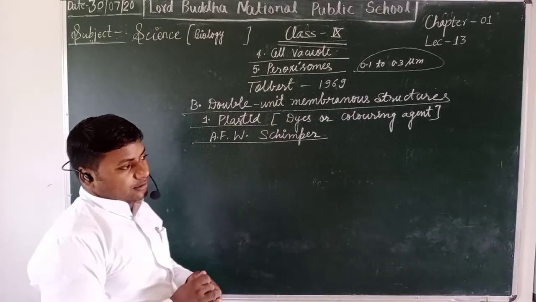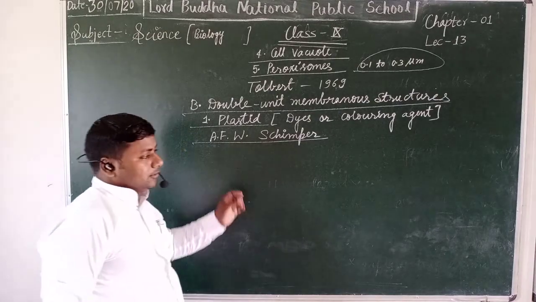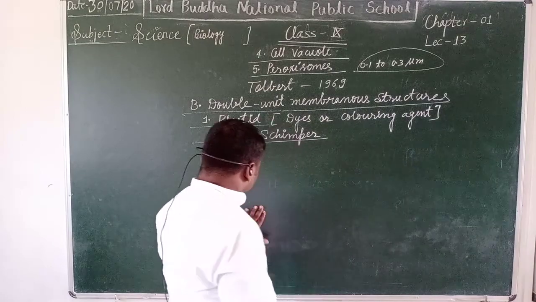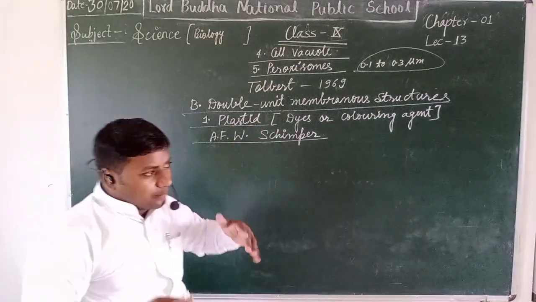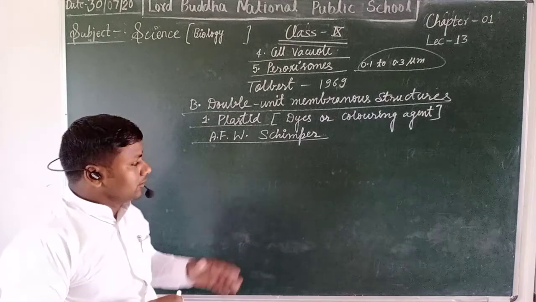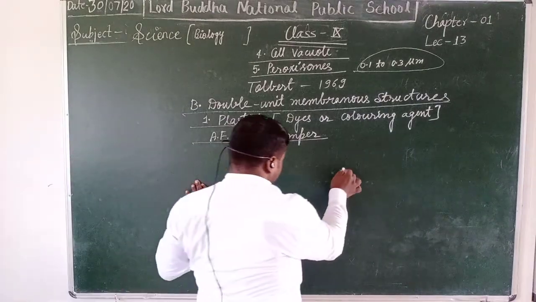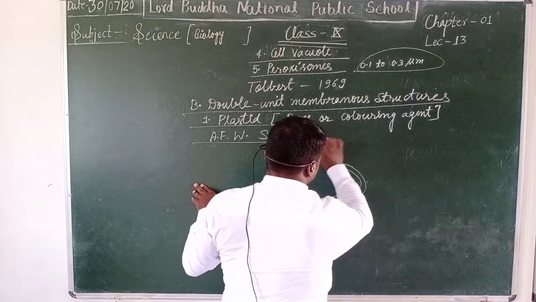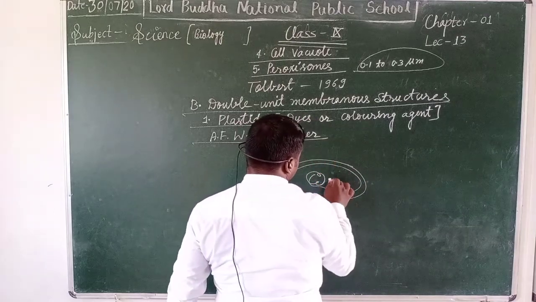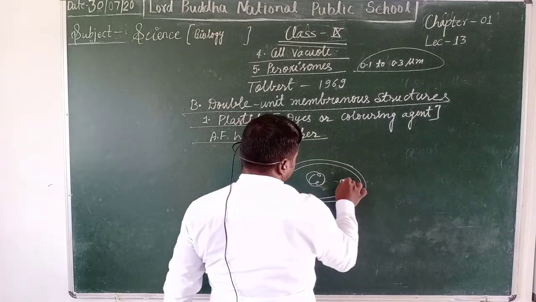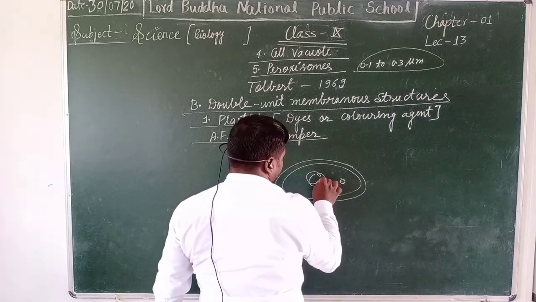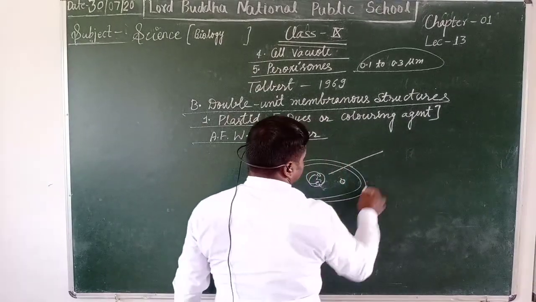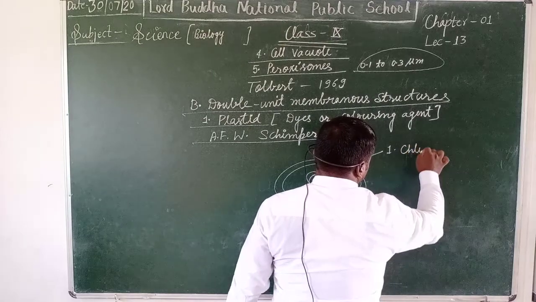The plastids are oval or spherical shaped double membranous structures. They exist in a primary form called proplastid, and from the proplastid, on maturation over the passage of time, they change into various types of plastids, which are mainly classified into three types. First, the chloroplast.